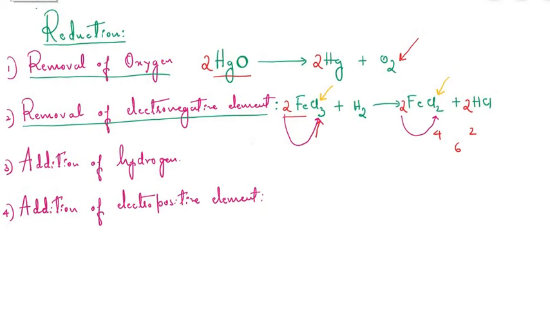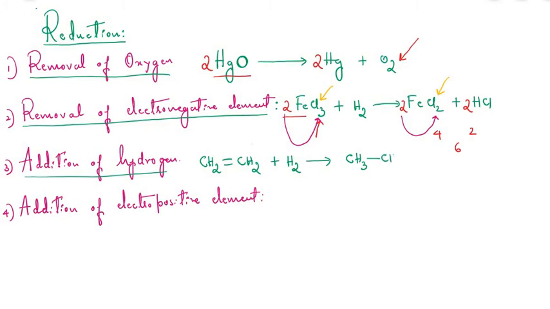The next one, that is with respect to addition of hydrogen. A very simple reaction we are going to take here, and that is, you can see with respect to CH2 double bond CH2, it is nothing but called as ethene. Ethene when subjected to reduction, that is by addition of hydrogen, it gets converted into ethane.